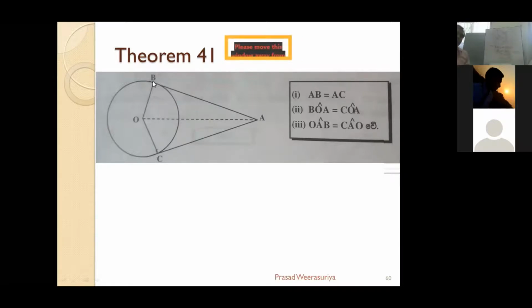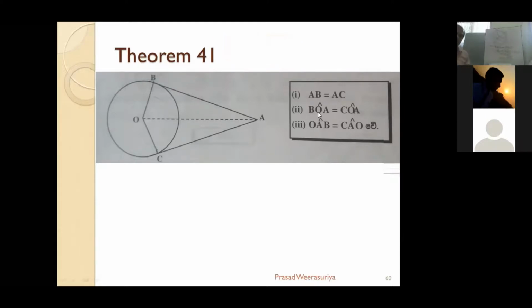Only two tangents can be drawn. The maximum number of tangents that can be drawn is two from an exterior point to a circle. So here this says AB equals AC. AB is the tangent, AC is the other tangent. They are equal in length. Tangents are equal in length.